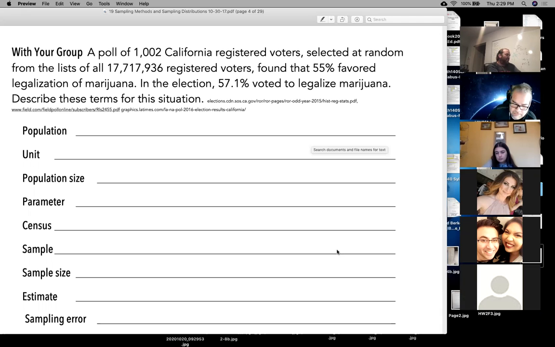Yes, so the population are the registered voters, all of them. The third one is population size. What's population size?